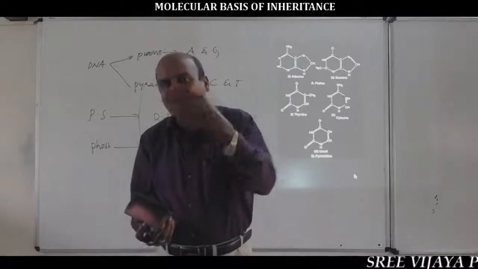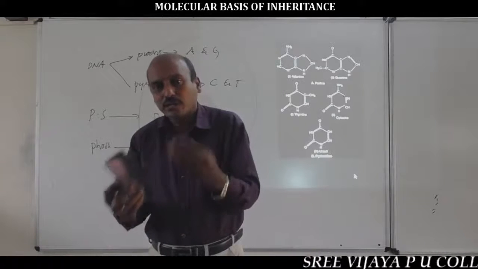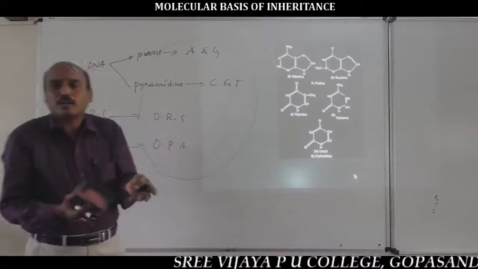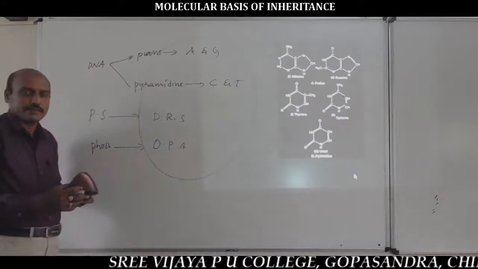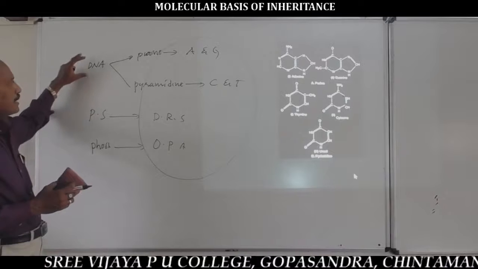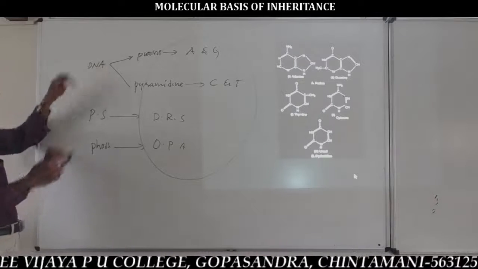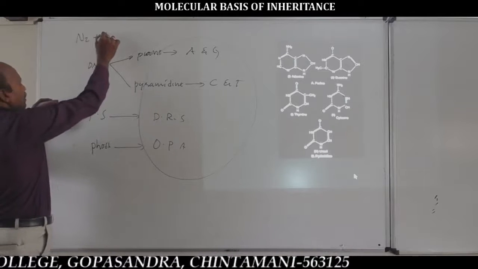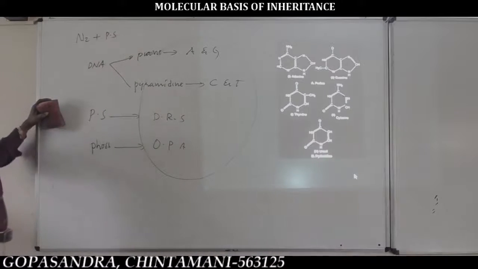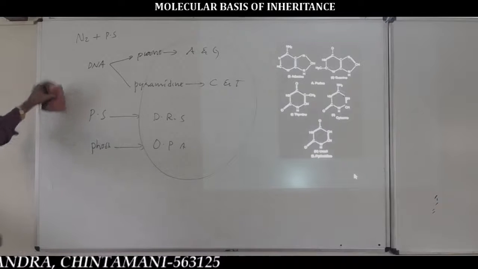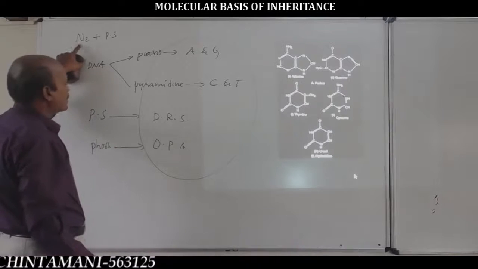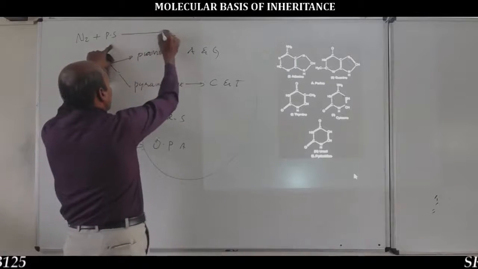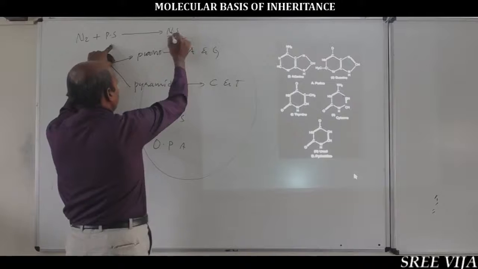That is what we are going to study in the next topic, nucleosides and nucleotides of DNA. You should remember, the combination of nitrogen base and pentose sugar is called nucleoside.